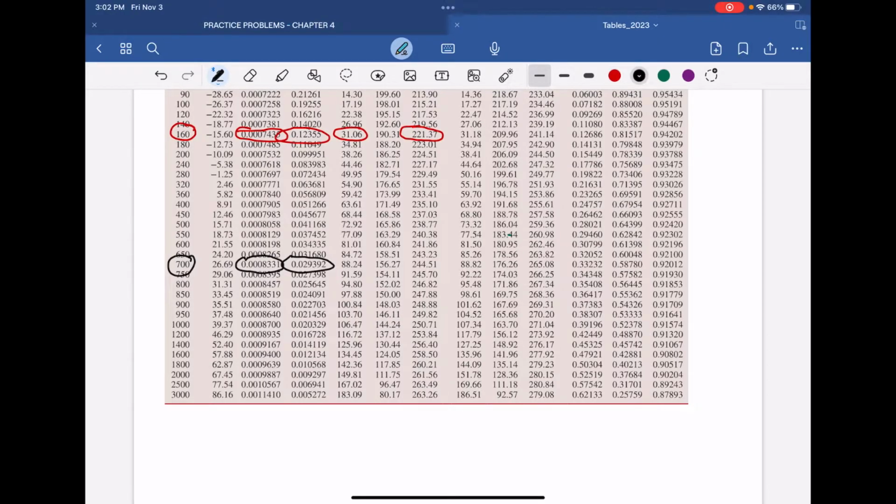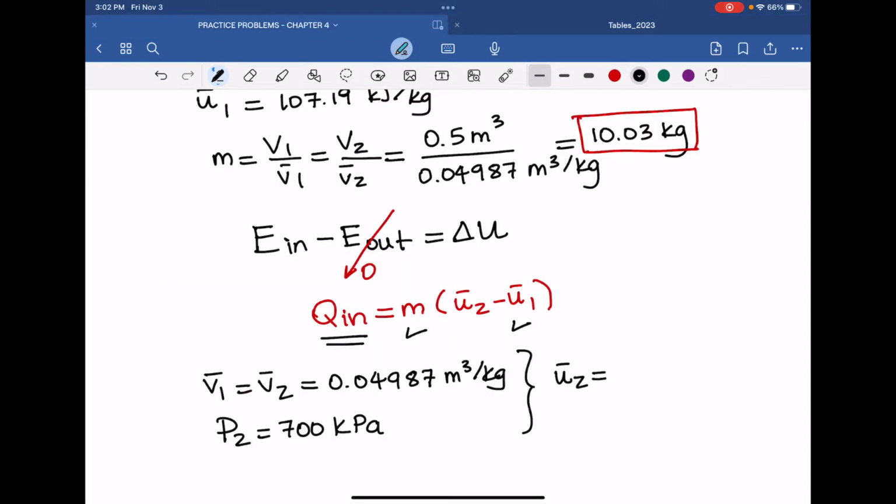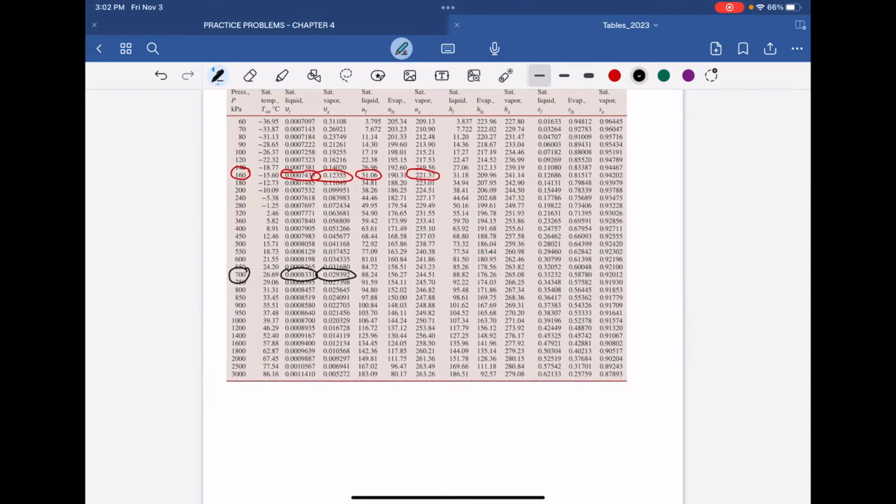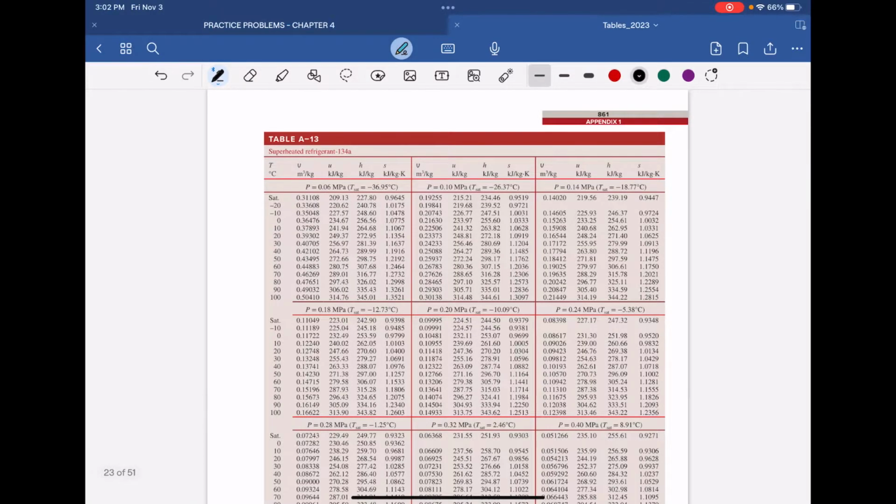But our specific volume is 0.049, which is bigger than Vg. That tells me we have a superheated vapor. So I need to look at the superheated tables. Let's take a look at it. At that pressure, 0.7.